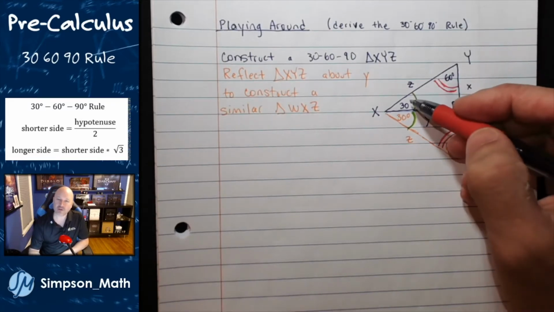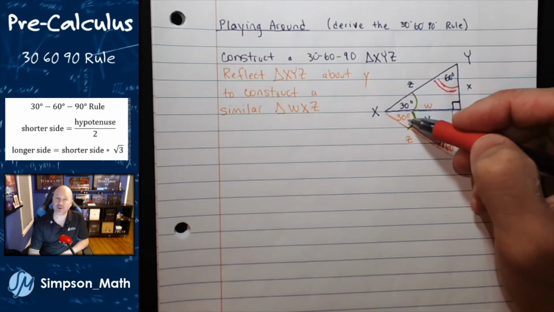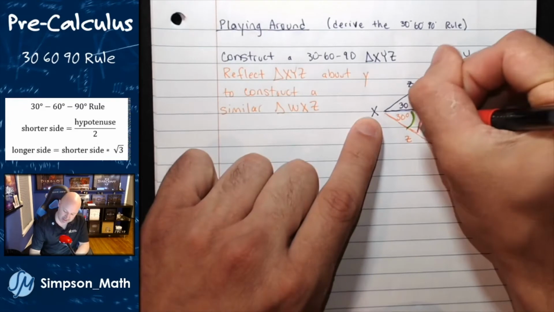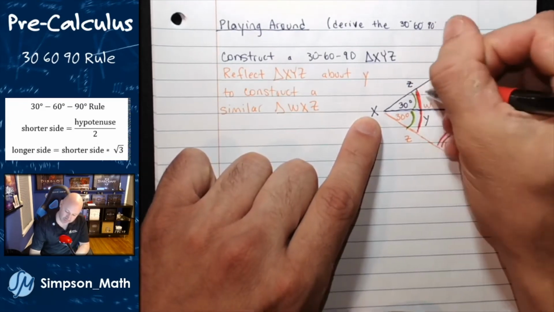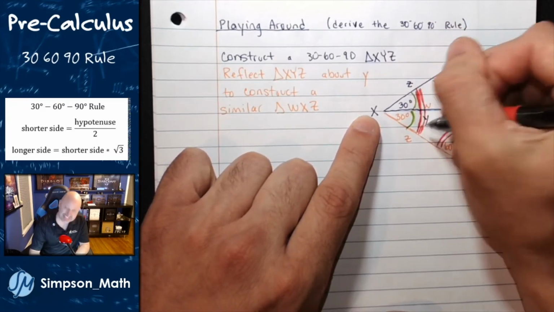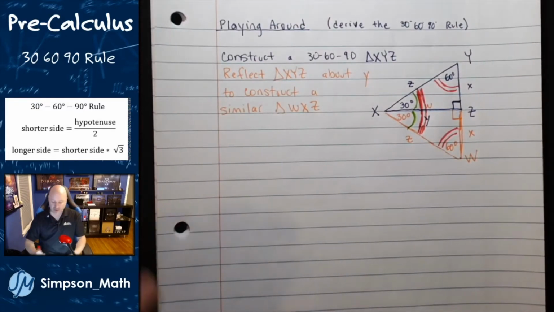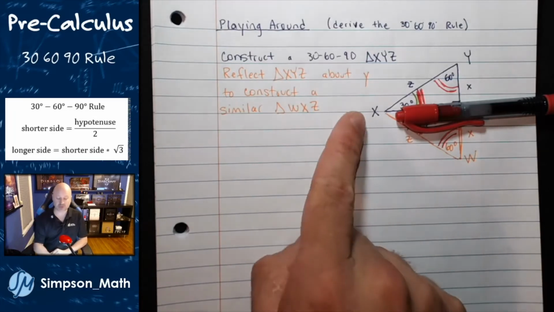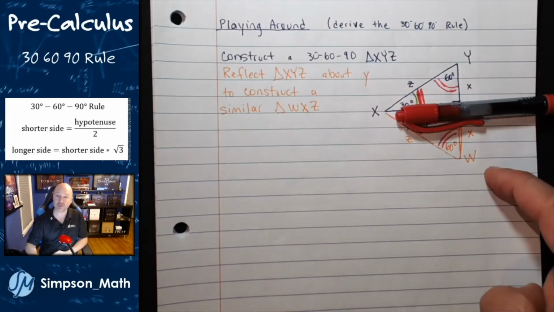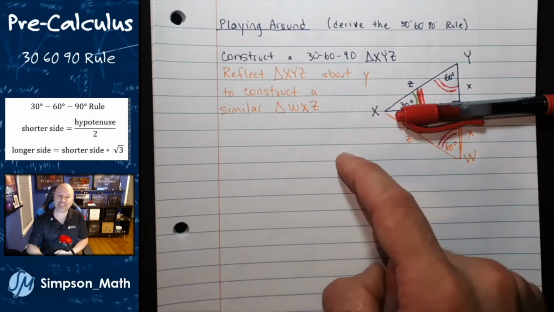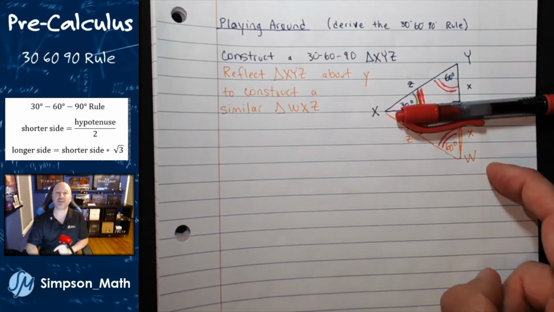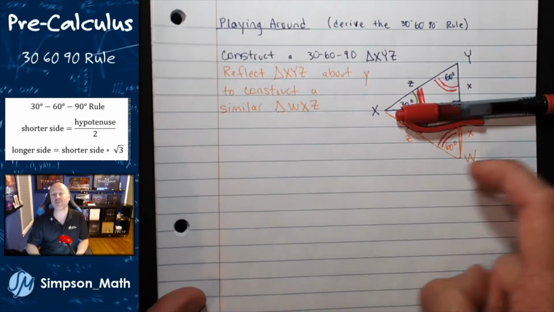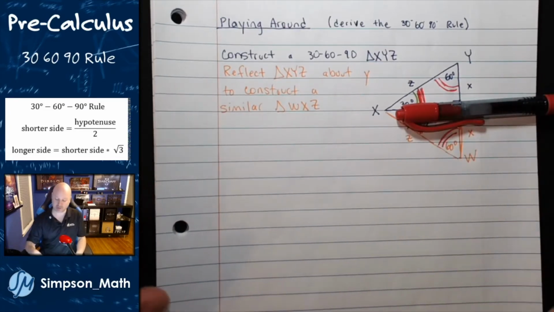Ooh, look at this. What is 30 degrees plus 30 degrees? That means this angle X, this big angle, would measure 60 degrees. So if I ignore Y for a little bit, and I look at the bigger triangle, triangle XYW, that triangle is a 60, 60, 60 triangle. We call that an equilateral triangle. All 3 angles are the same, and all 3 side lengths are the same.